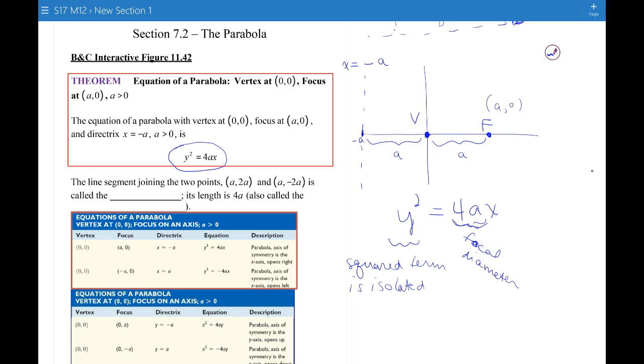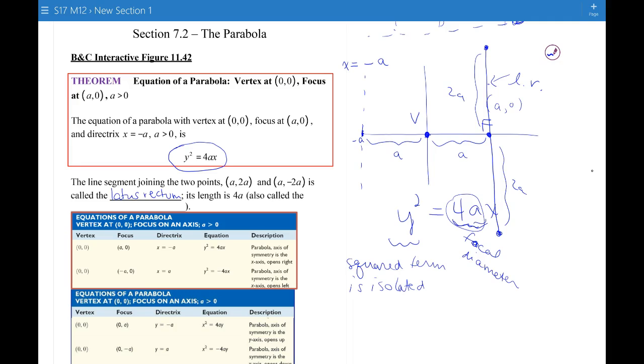See how the line segment that joins the two points (a, 2a) and (a, negative 2a), this line segment here, has a special name. It's called the latus rectum. So this is the latus rectum. Its length, oh my gosh, is 4a, which is the focal diameter.